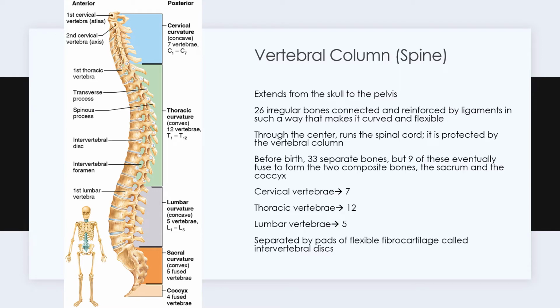Obviously, there are certain homeostatic imbalances related to spinal curvature, things like scoliosis, kyphosis, lordosis, which we'll talk about in our Zoom class lecture, but it needs to have some flexibility in order to enable us to have mobility.